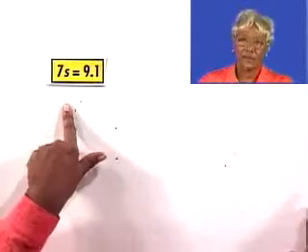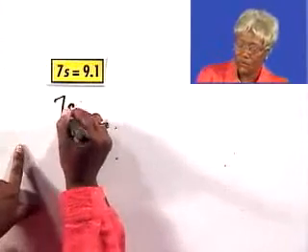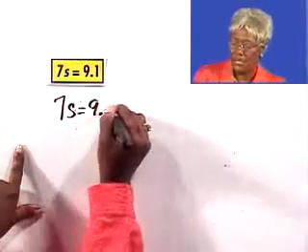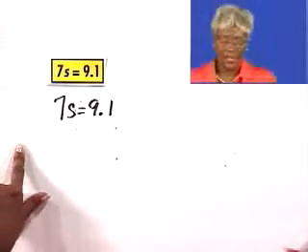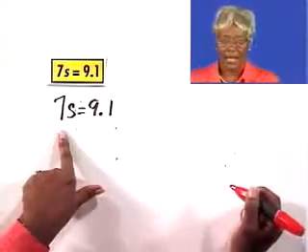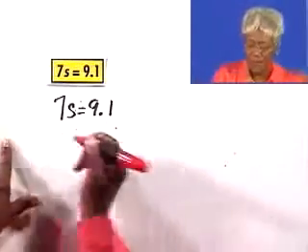Well, what's the inverse operation of multiplication? It's division. So I'm going to use the inverse operation. I'm going to simply divide both sides by 7 to undo the multiplication.